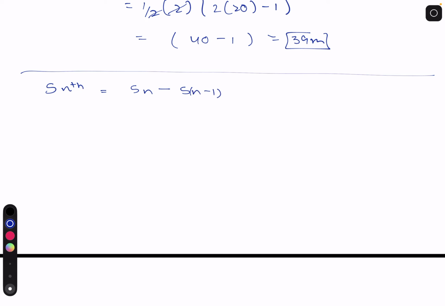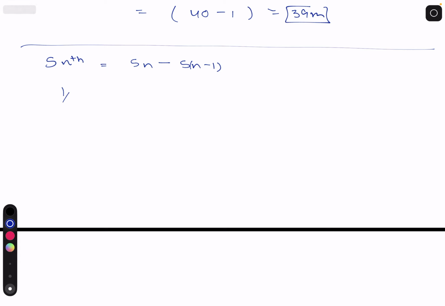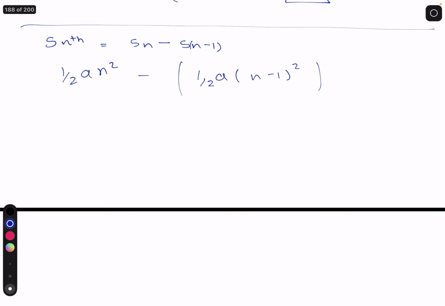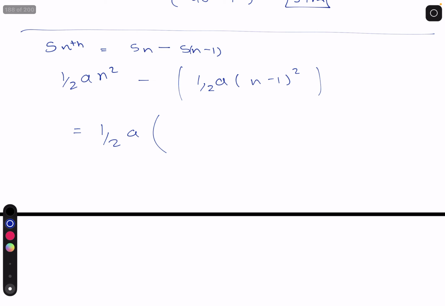So Sn is equal to 1 by 2 times A times n square, minus half times A times n minus 1 whole square. Which is equal to half A in bracket n square minus n minus 1 whole square.